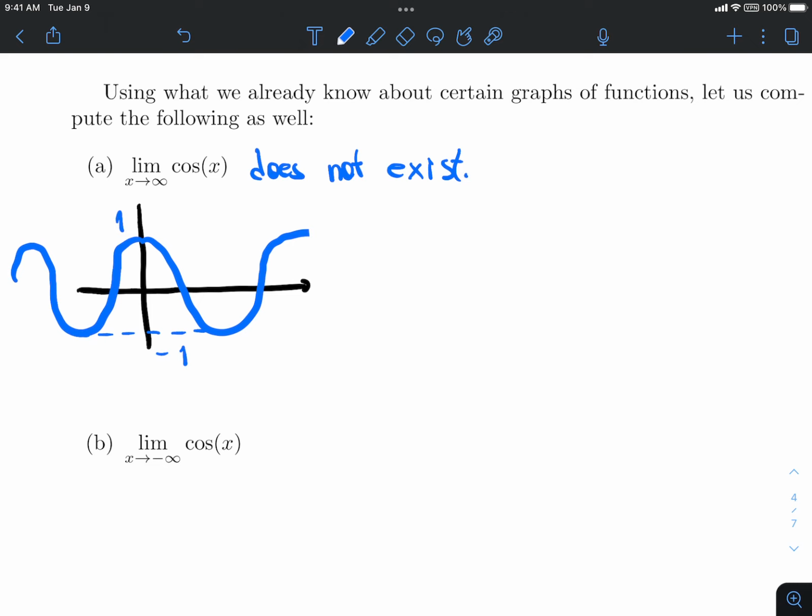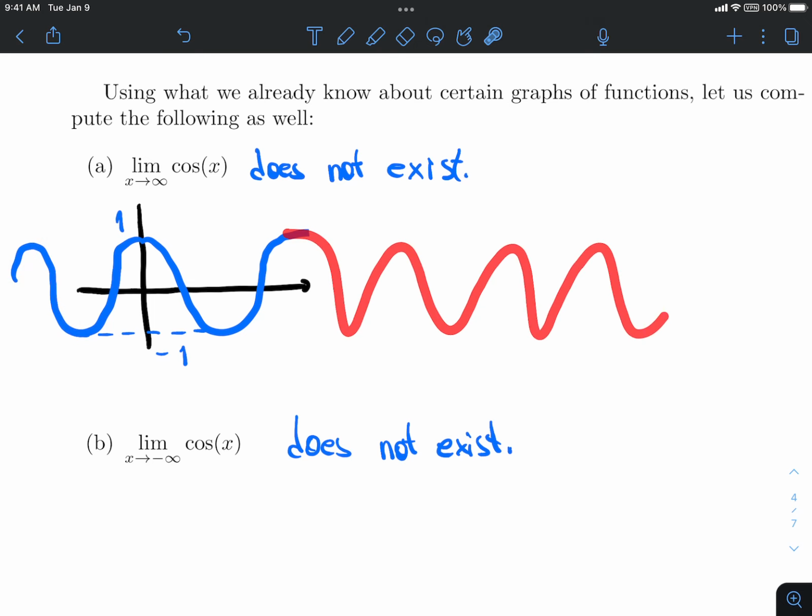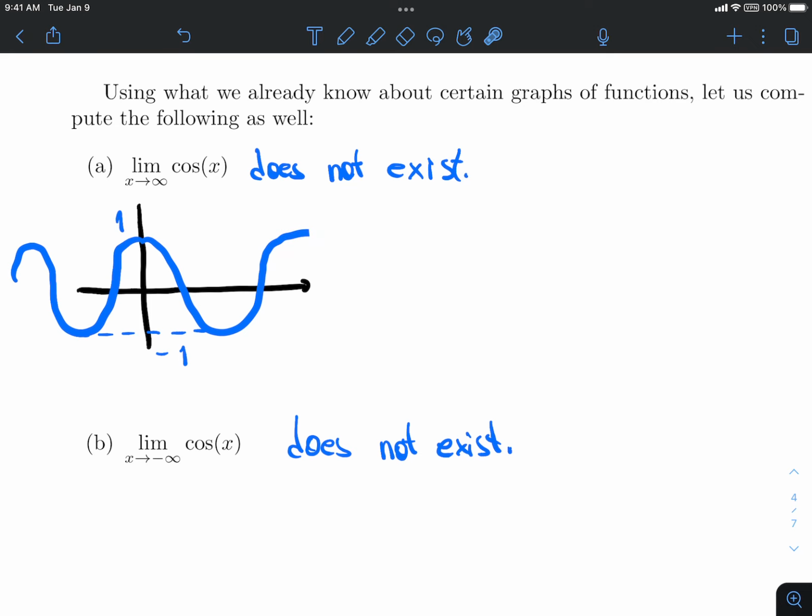Same here when x is going to minus infinity, and that's for the same reason. X going to minus infinity means we're going to the left further and further. It's going to keep oscillating up and down just like it did on the right because it won't approach any given y value, so it also does not exist.